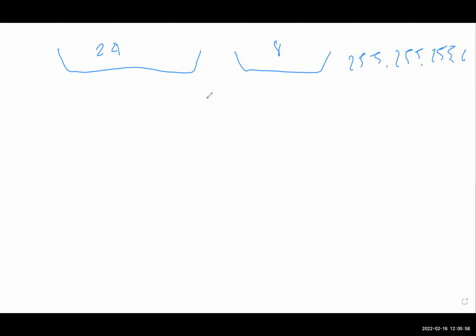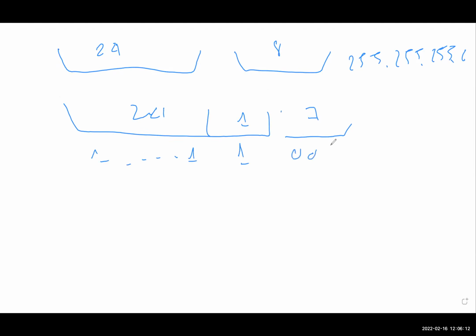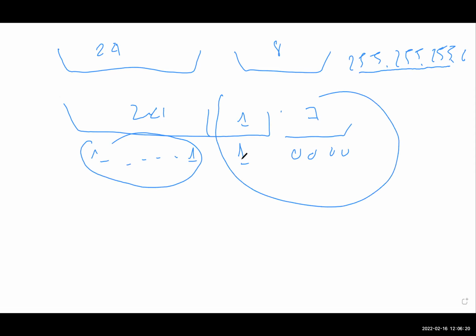But now if I borrow 1 bit, I have 1 here and 7 bits left in the host portion. When you have 24 bits all 1s, you convert it and have 255. And the last 8 bits, I have 1 and all of them 0. I convert it, I have 128 here.